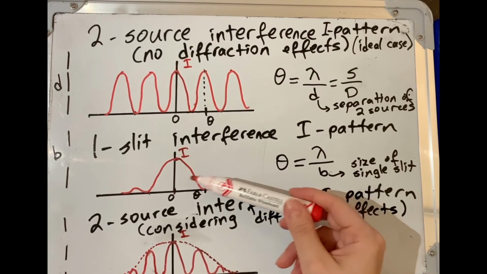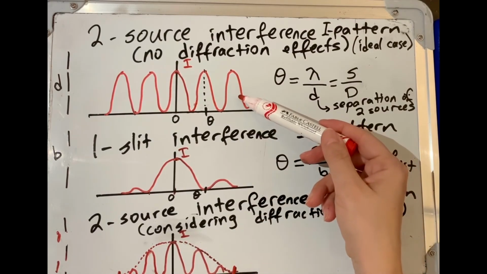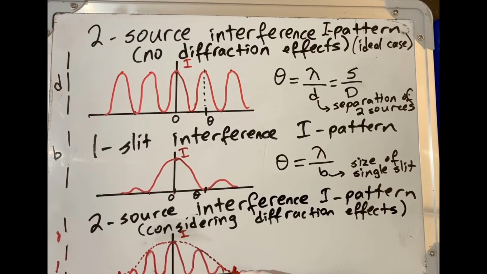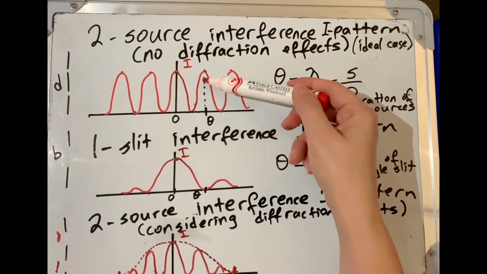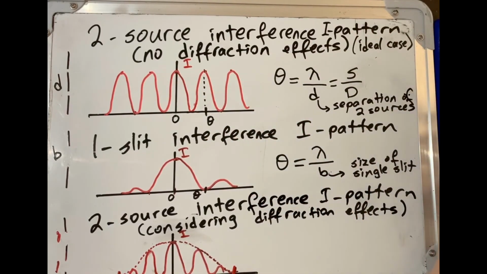A single slit interference pattern has a central bright fringe that is shown as an envelope on this diagram. The interference pattern turns into something similar to the two-source interference pattern, but as you move away from the center, the intensity of each maxima is no longer equal to the intensity of the central maximum, but it decreases and stays within that envelope.